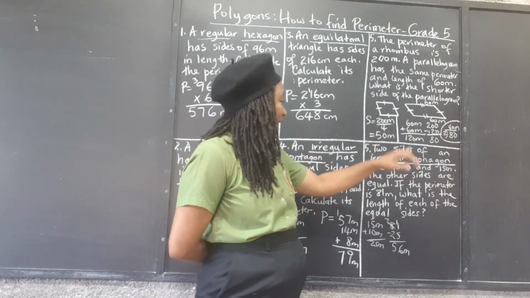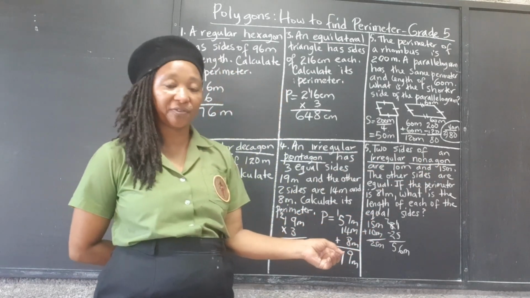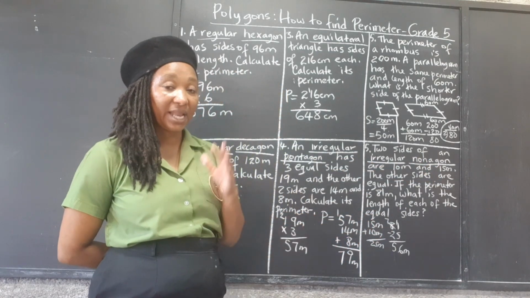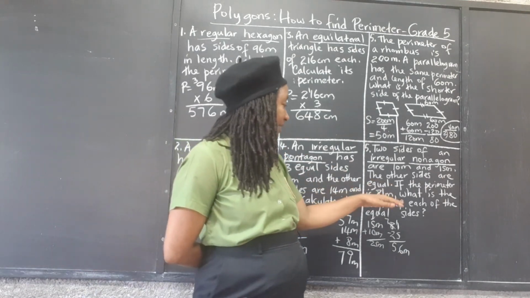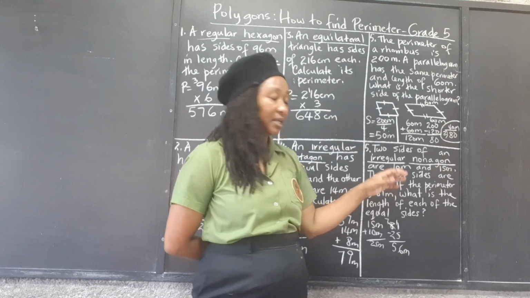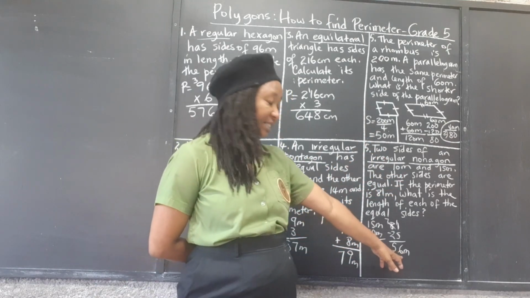Now, if it's a nonagon, a 9-sided figure, and we remove two sides out of it, 7 sides are left. So that means the other 7 sides are equal to each other, and they add up to 56.